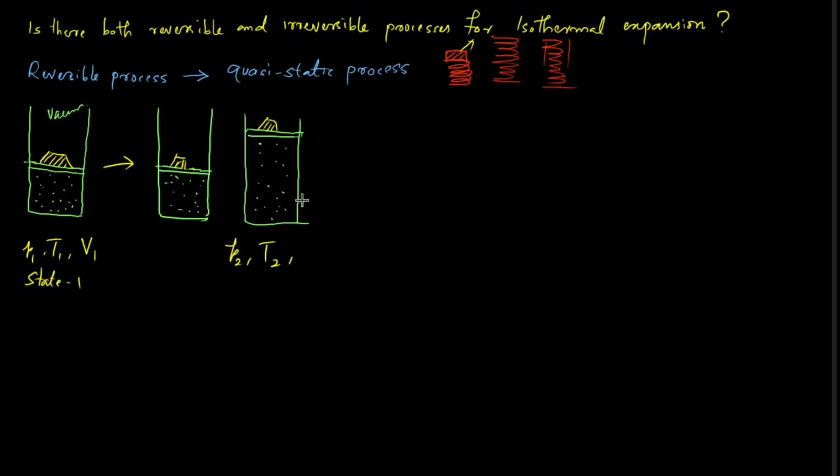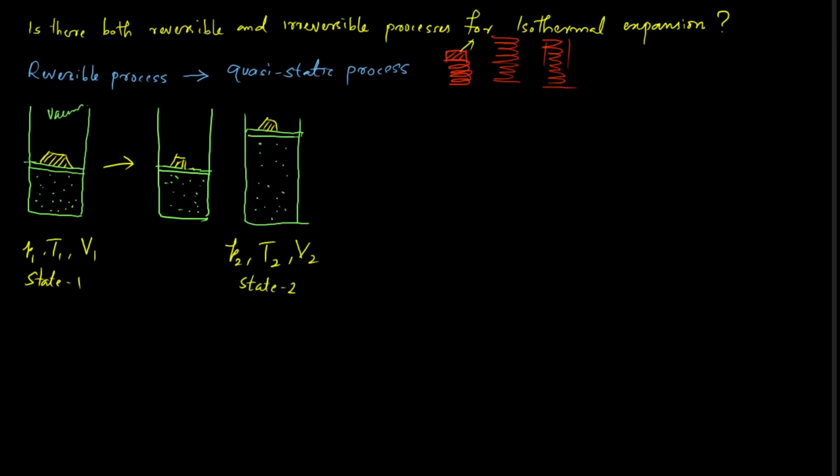Sorry, not Boyle's law, anyway, by the ideal gas equation we know that when pressure decreases, temperature also will decrease. Then volume has increased, because it has expanded. So this is our state 2.